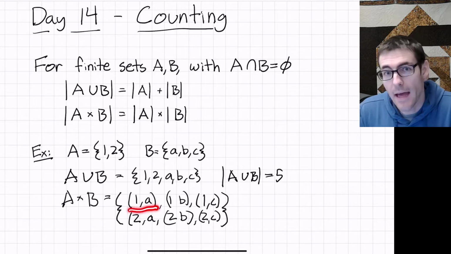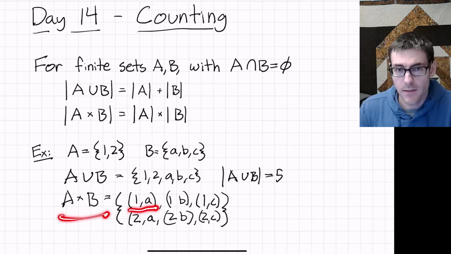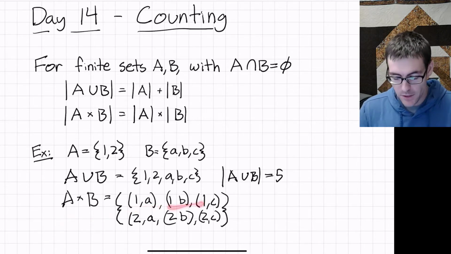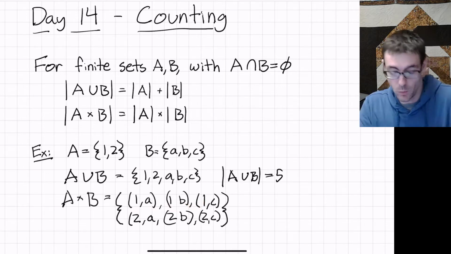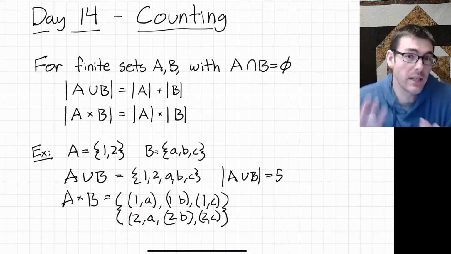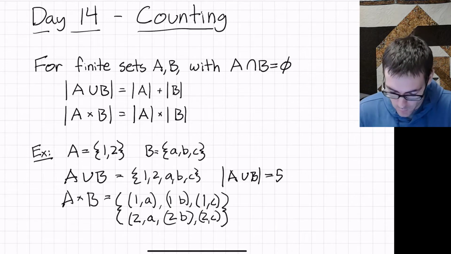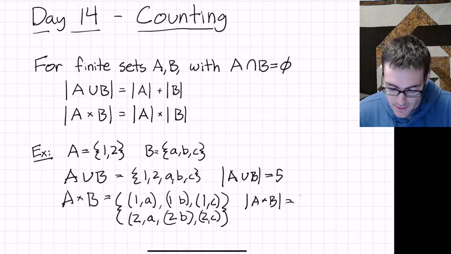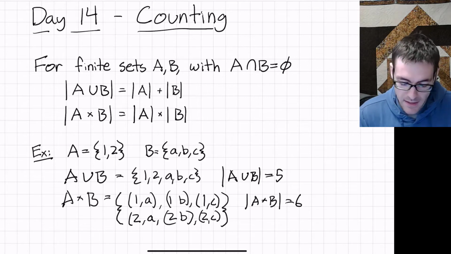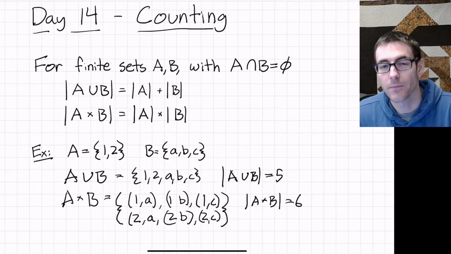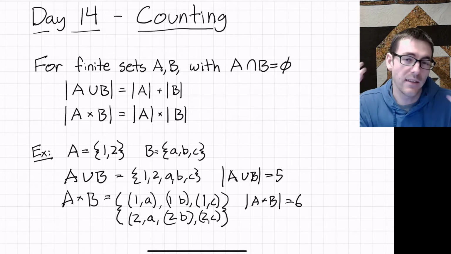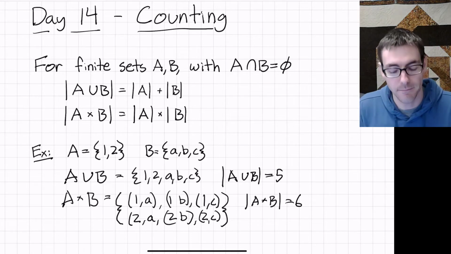So (1, a) is one of the elements in this set, as are each of the other combinations of 1, 2 with a, b, c. That's what the Cartesian product is. So we can see that the size of this set is the size of A times the size of B.